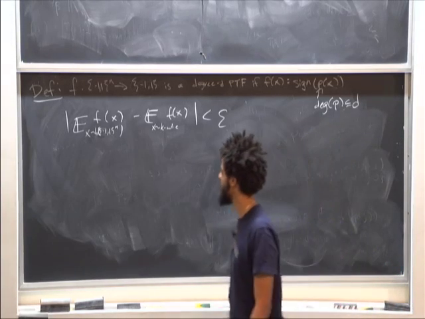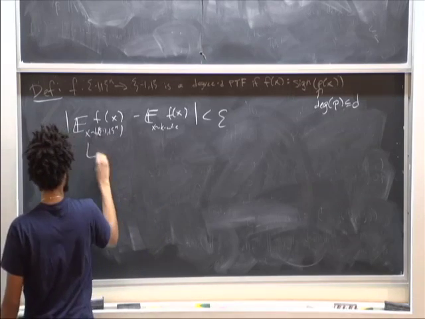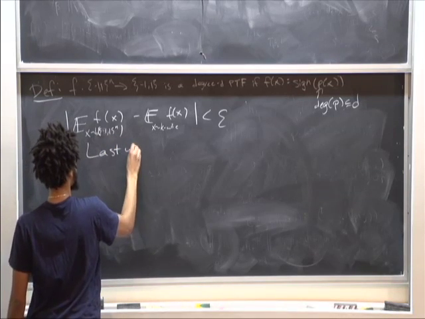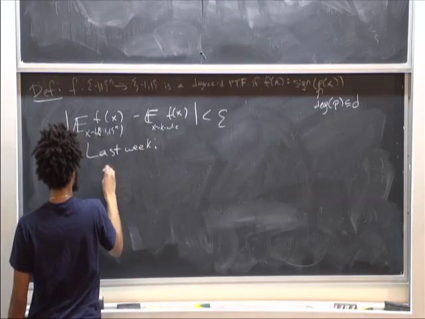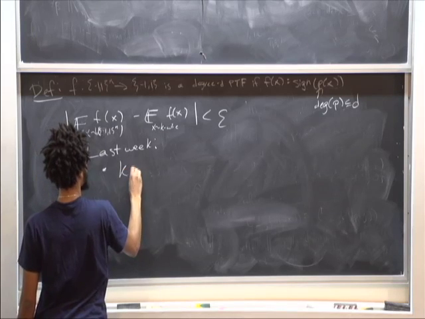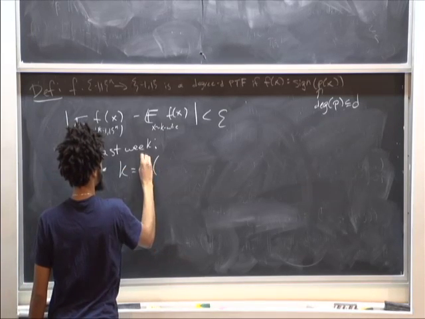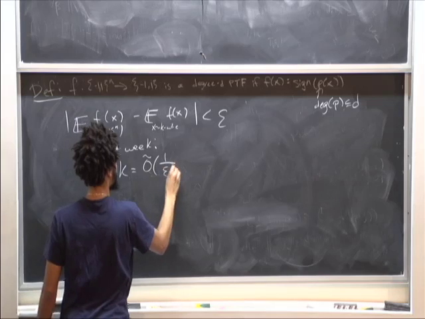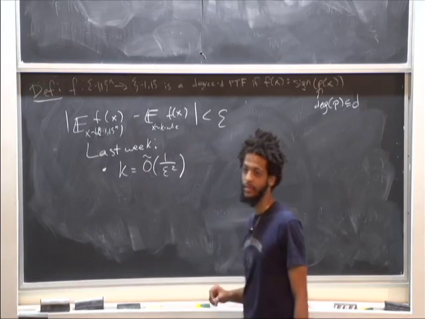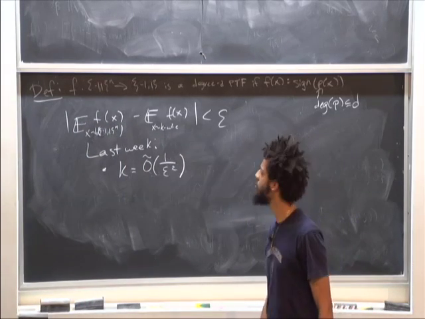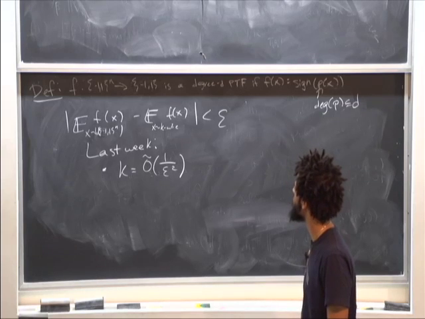Okay, so last week we showed that k can be just 1 over epsilon squared. You do assume that the marginals of x are the same in both expectations.